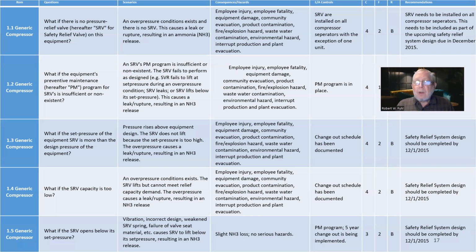Safety relief valves are installed on all compressor separators with the exception of one unit. Okay, so that was given a 4, 2, and a B, and the safety relief valve needs to be installed on all compressor separators. This needs to be included as part of the upcoming safety relief system design due in December 2015. So you can see that the relief system was going to be done soon, and so they included this into that, which made a lot of sense.